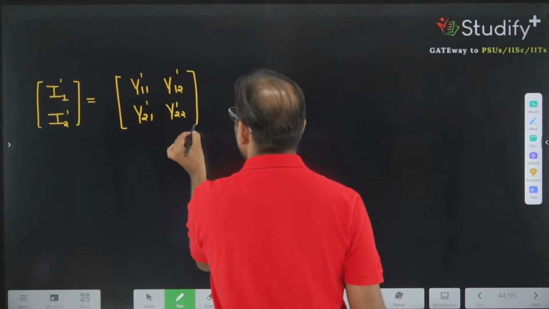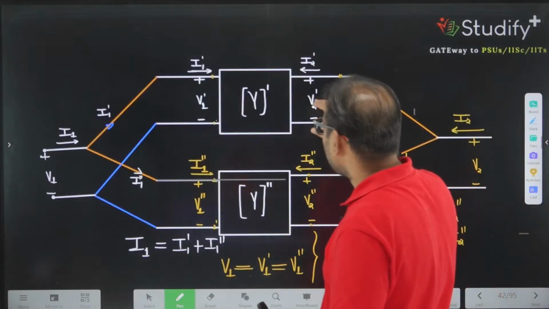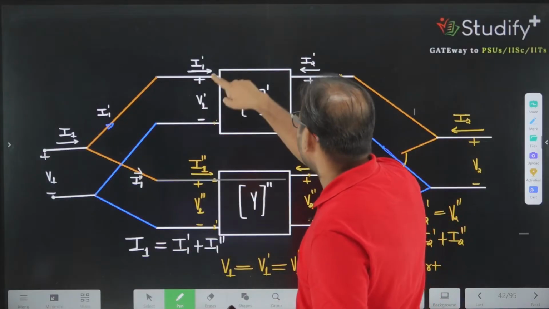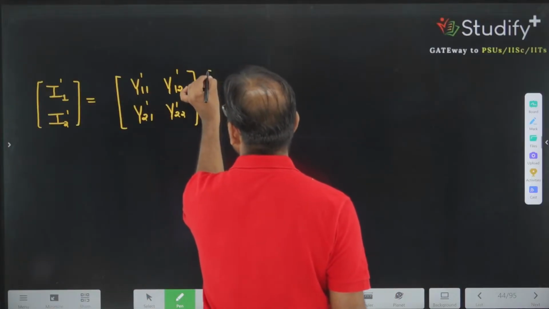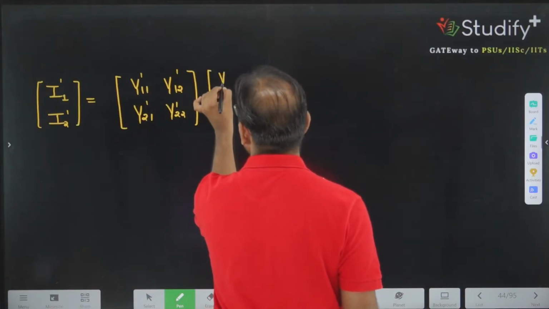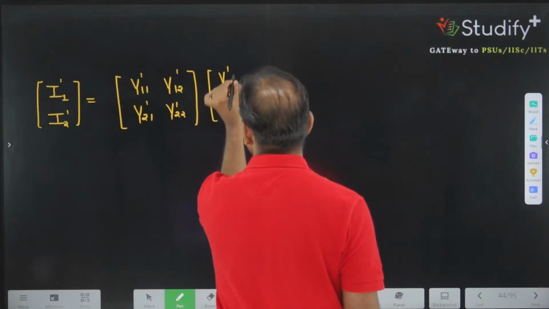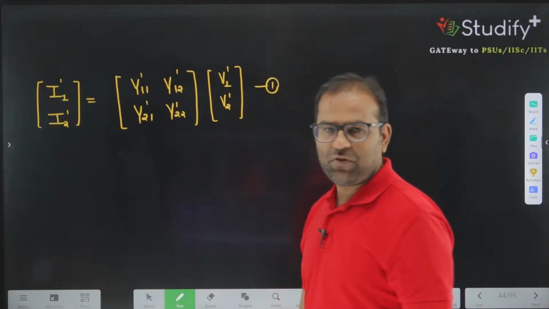This much times, because we are writing the Y parameter for the first network, and for the first network I1 prime and I2 prime are currents, and V1 prime and V2 prime are voltages. So can I say, here I can write this voltage as V1 prime, this voltage as V2 prime, correct? This is our Y parameter for the first network.